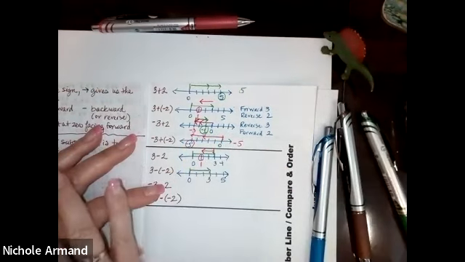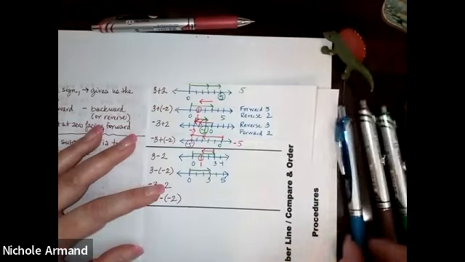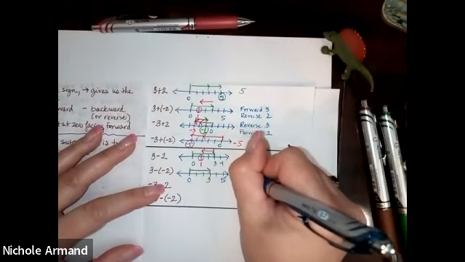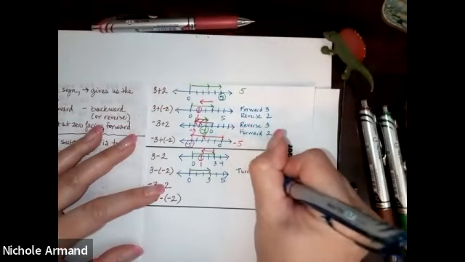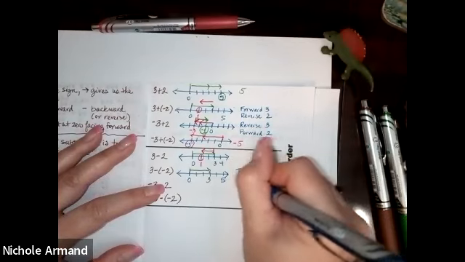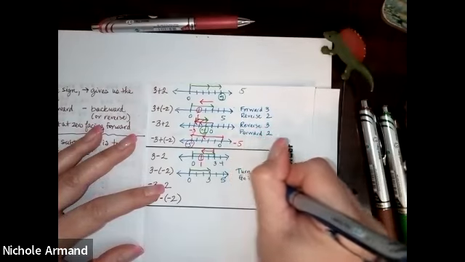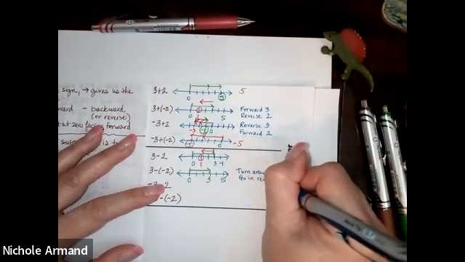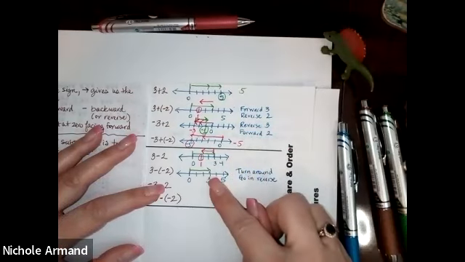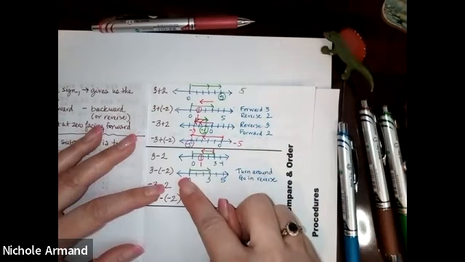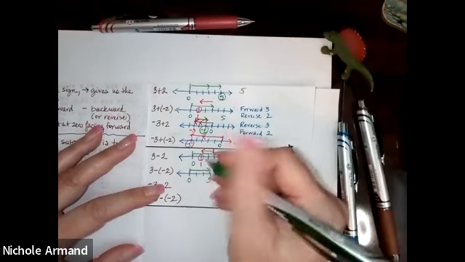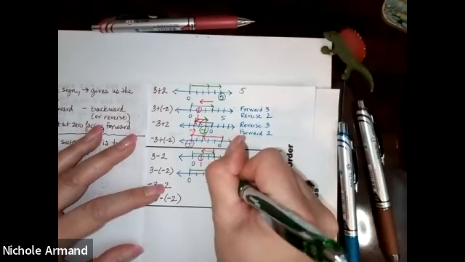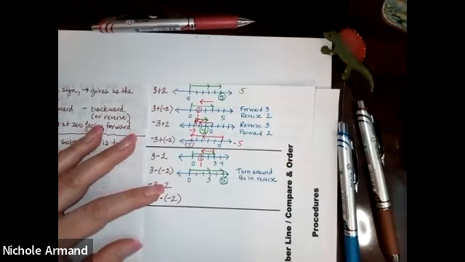And then we are going to turn around and go in reverse. So if we turn around, we're facing the negative direction. So going in reverse means that we're going to go 2 more units this way, and we're going to end up at positive 5.